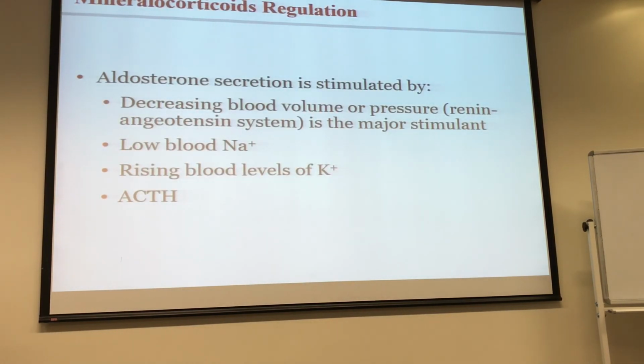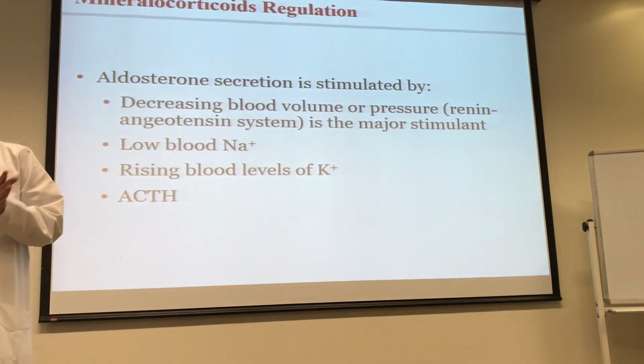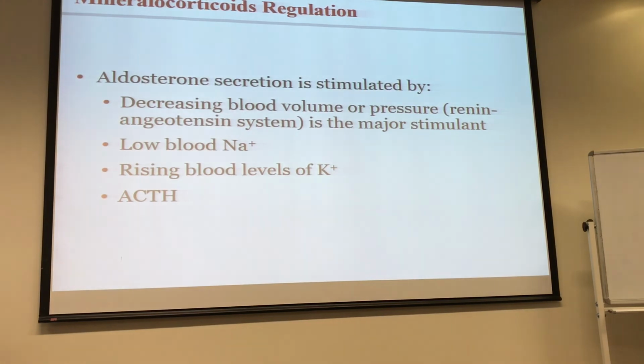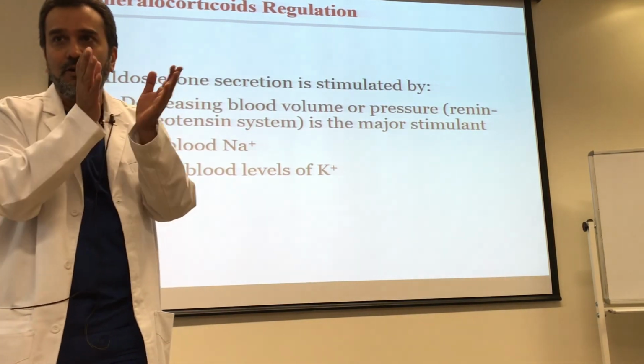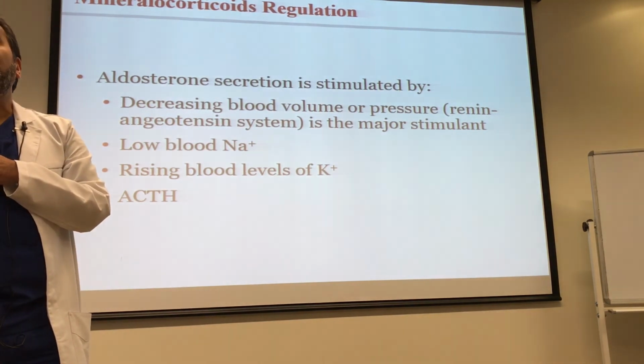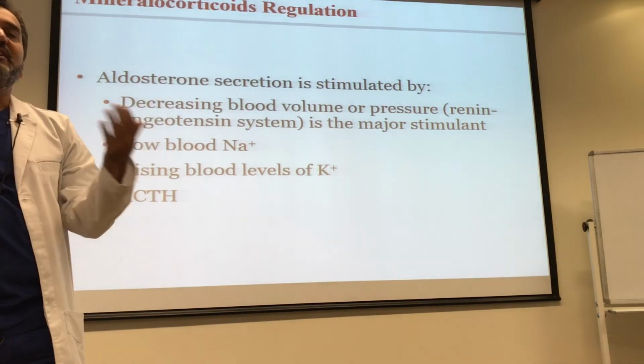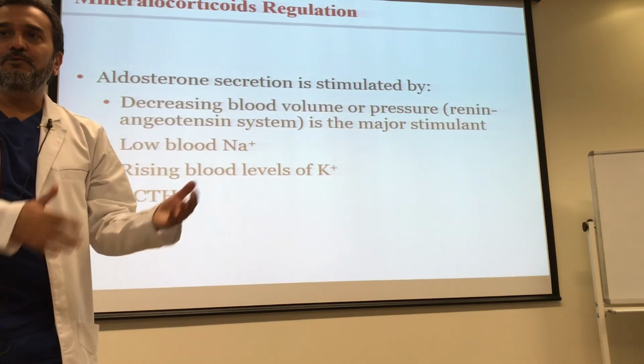In terms of aldosterone secretion, as we said, it is under the renin-angiotensin system. When you have decreased volume or pressure, the renin-angiotensin system becomes activated. When blood volume to the kidney is low, or GFR is low, renin is secreted, which leads to angiotensin 1, and then ACE in the lung changes it into angiotensin 2.